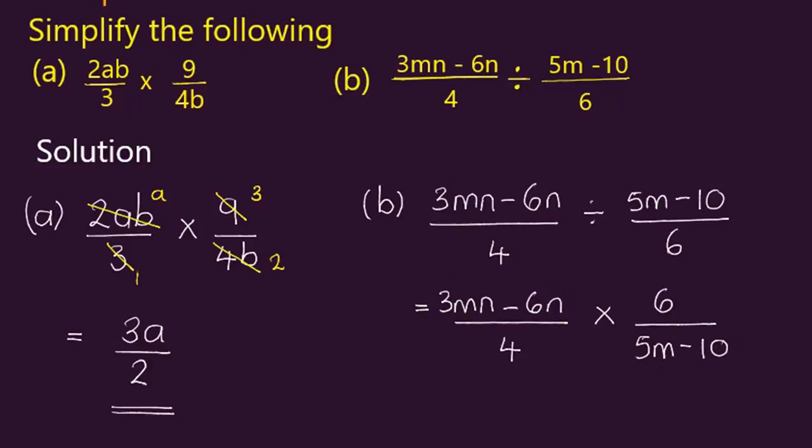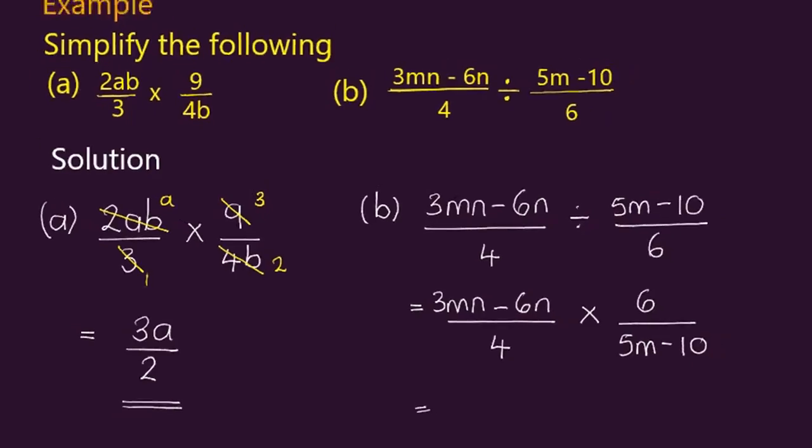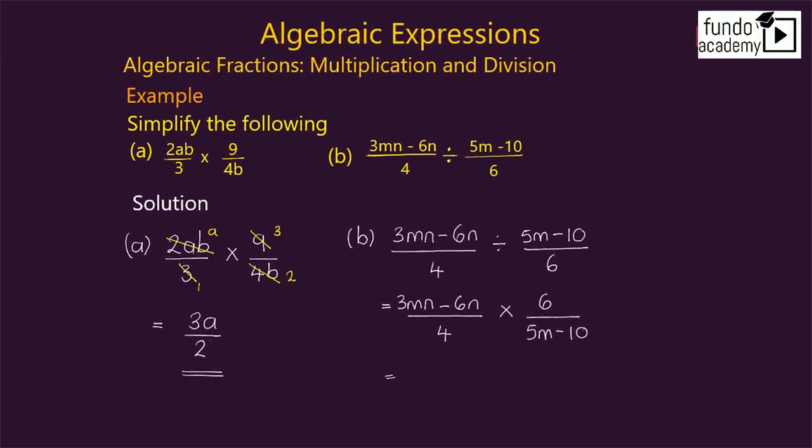So for 3mn minus 6n, we can look for the highest common factor for 3mn and minus 6n so that we can factorize it. In this case we'll be factoring out 3n, and if we divide 3n into 3mn, we get m, and if we divide 3n into minus 6n, we get minus 2, and that's what we get after factorizing that numerator.